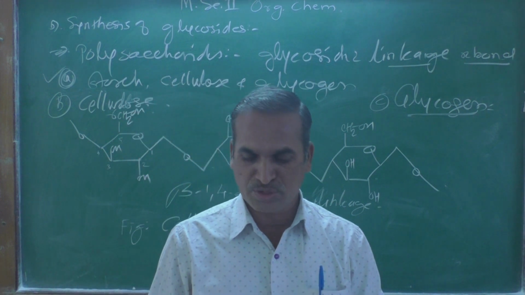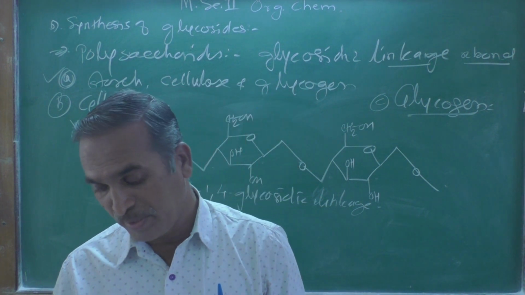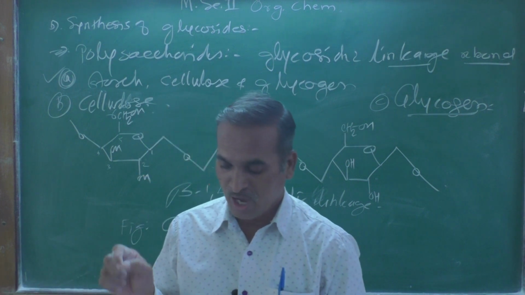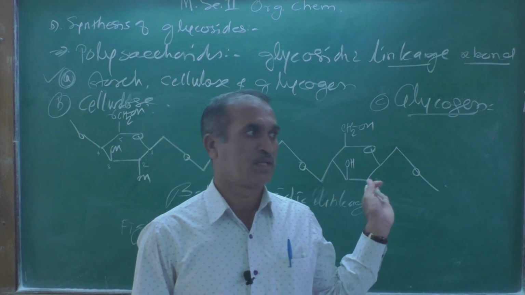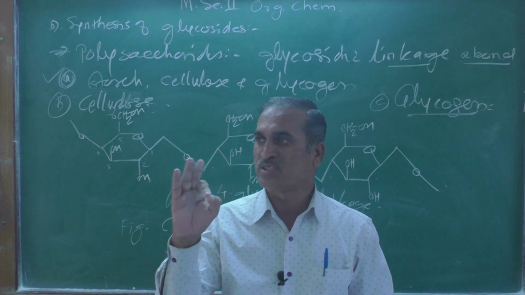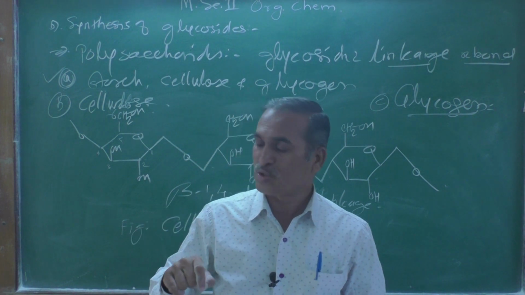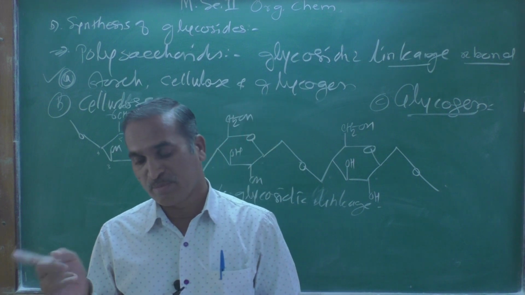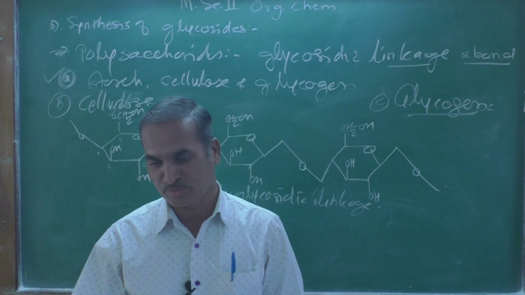We have seen the amylopectin structure, how the alpha 1,6 glycosidic linkage is present along with the alpha 1,4 glycosidic chain, but that is a very simple branch. In glycogen there are highly branched structures present.